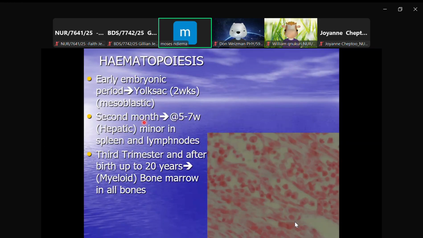That is what we have as the cells of blood. Let's just review the slides. All you are seeing here are multi-lobed nuclei. These are the neutrophils. And we said the lobes of the nucleus increase with the age of the neutrophil.